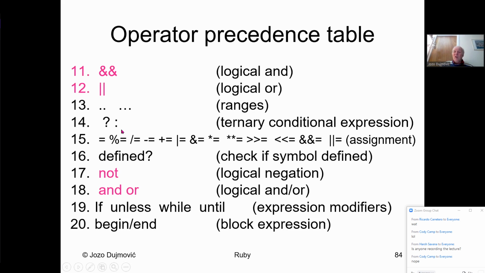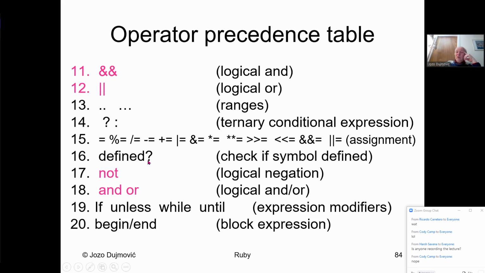Ranges and ternary operator are rather low in precedence table. Then you have assignment or plus equal or times equal or all these combinations with equal, which is unary operator applied to objects. So you have n plus equals 1. So n is n plus 1. This means increment x or decrement x or divide x by something or something like that.